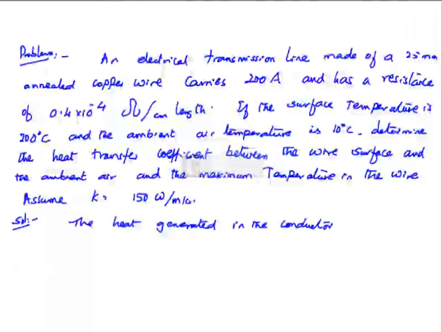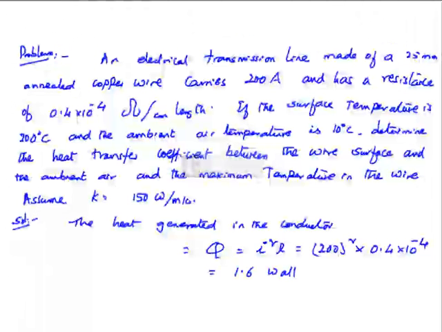is equal to the rate of heat generated in the conductor, Q is equal to I square R, where I is the current and R is the resistance, 200 whole square into 0.4 into 10 power minus 4, that is 1.6 watts per centimeter length, that is 160 watt per meter length. This much heat is generated.